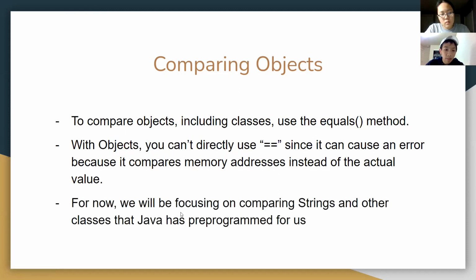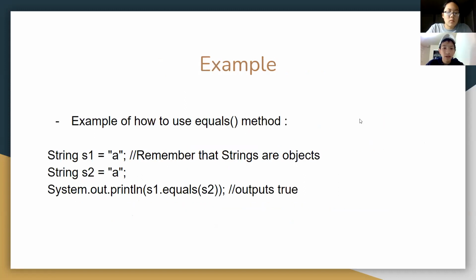For now, we're only going to focus on how to compare strings and other classes that Java has pre-programmed for us, but it's still good to know. Here's an example. We have two string variables, S1 and S2, both set equal to A. Remember that strings are actually objects, so you can use the dot equals method.